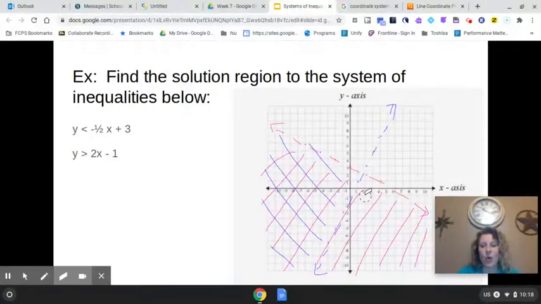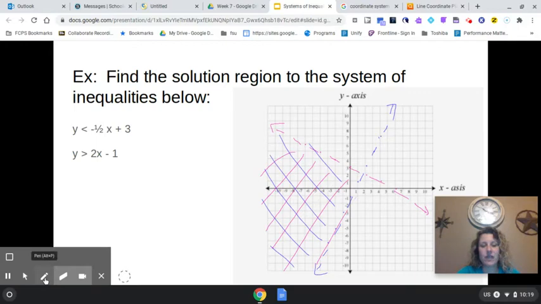And anything that's only pink, I'm going to erase that part of the shading. What is left is just my solution region, which is the overlapping shaded parts on this graph. It's kind of like this whole triangular region. But notice that these lines are dashed, so I'm not including those dashed lines, but anything inside this overlapping shaded region would be my solution region.